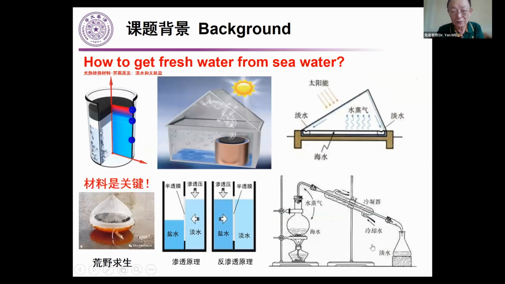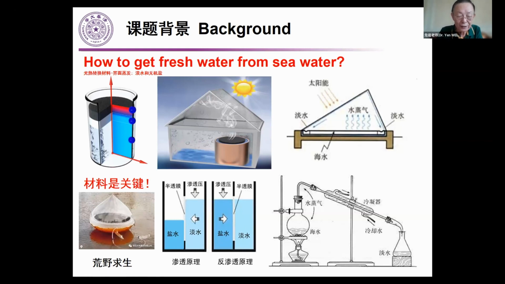However, this process is very expensive. And the second thing, most rural use this osmosis method. Okay, seawater and the fresh water, and then you put a high pressure on the seawater side and force the fresh water past the membrane, collect the fresh water.